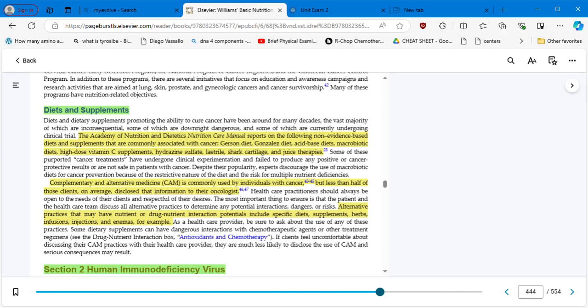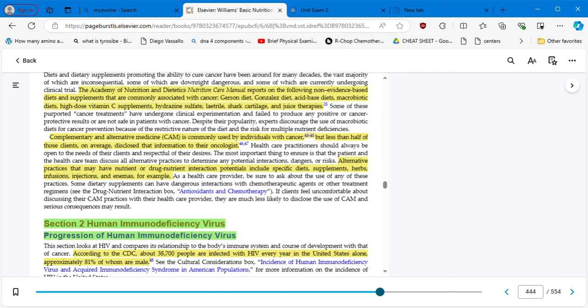So they are talking about here that there are some controversies and non-evidence-based reports in terms of these diets, which in fact are really well known in the market. When we talk about the oncology therapies, these alternative therapies are very well known.